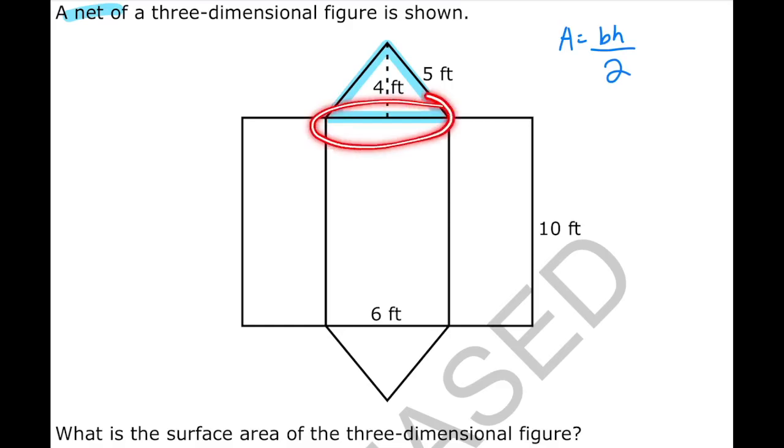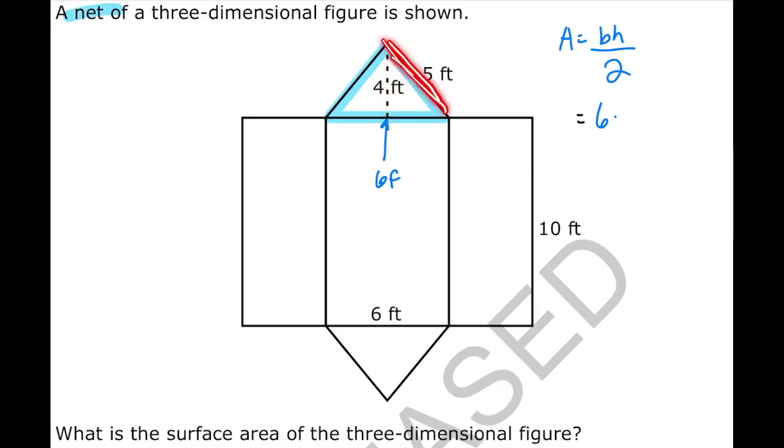But if I go straight across to the other side of this rectangle, you'll see how this length of 6 matches up perfectly with this. So 6 is also the length of this base here, that's 6 feet. So we can say that the area equals 6 times the height of 4.